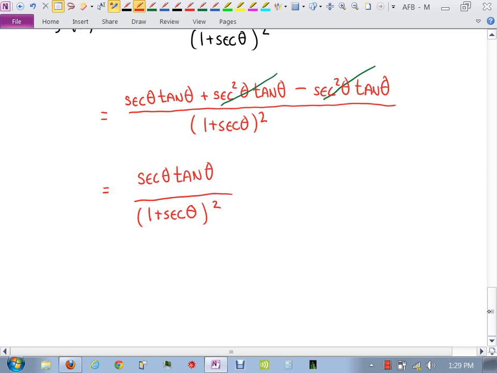All right, next one, question 23. Still have 30 minutes. So y equals t sine t over 1 plus t.